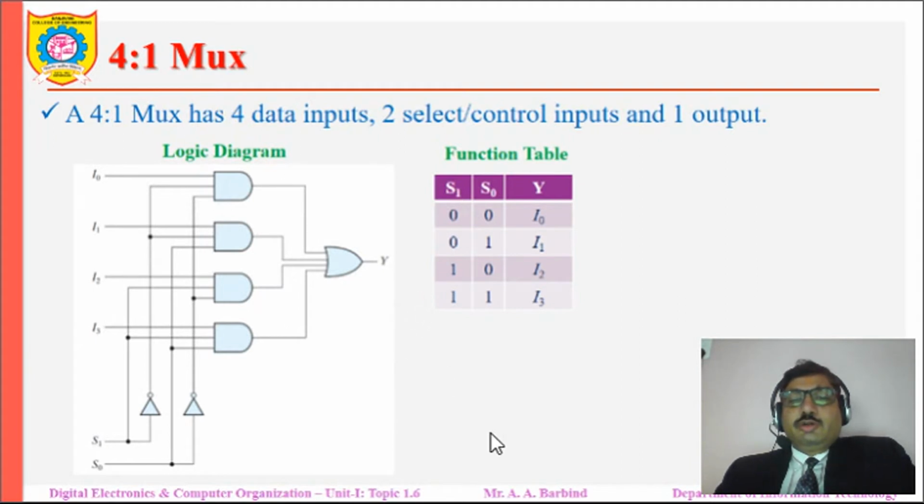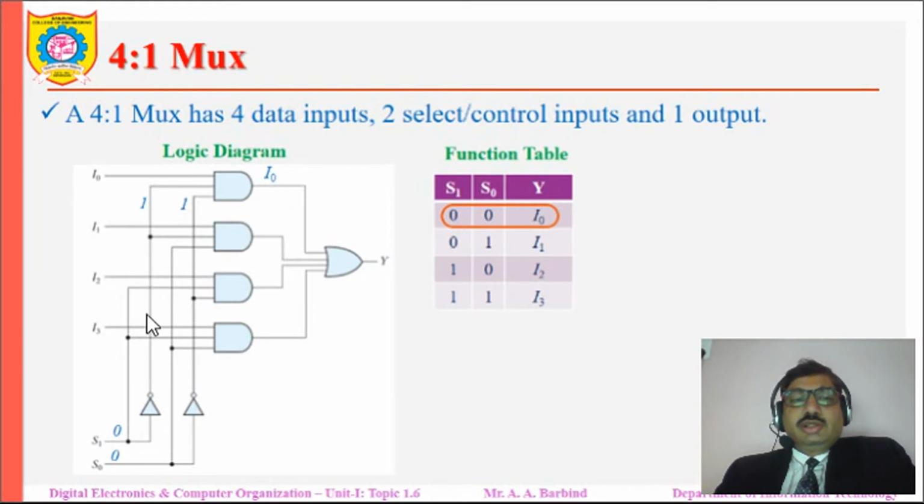So let us verify this particular function table of the 4 is to 1 multiplexer. When S1 and S0 inputs are 0, 0, then we can see here that out of these 4 AND gates, the output of only one AND gate will be non-zero.